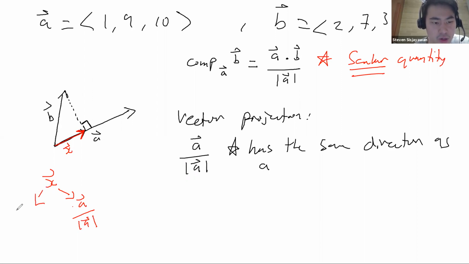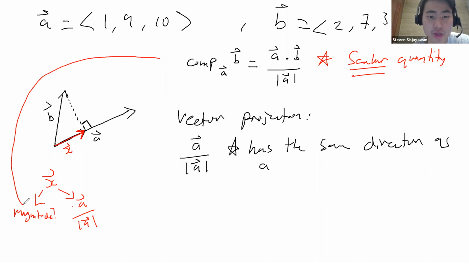Now, another thing to consider is your magnitude. What is the magnitude going to be? Anyone have any guesses? No? All right, so what is it? It's basically going to be the scalar quantity that you calculated over here. This magnitude relates to this right here.